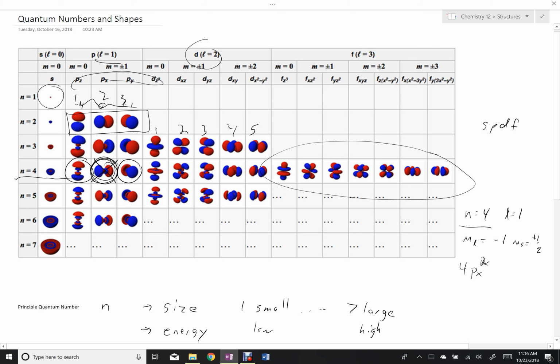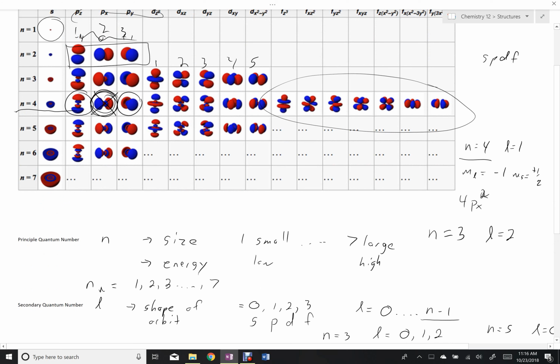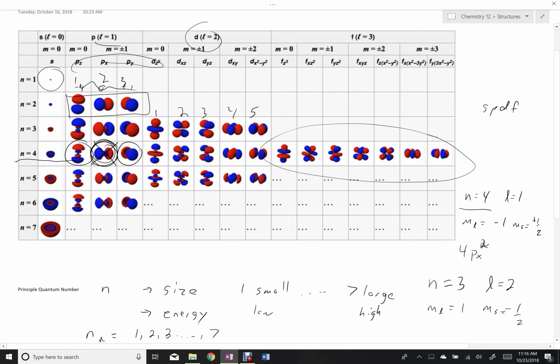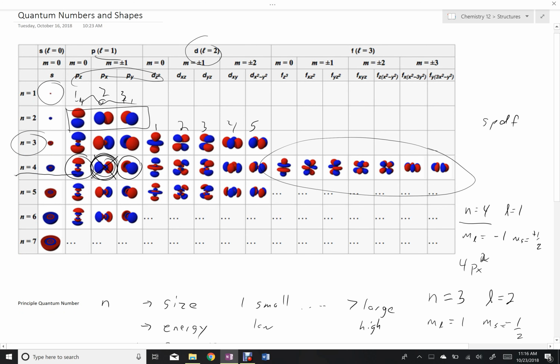One more time, let's say we're dealing with an n equals 3 electron. Its l value is 2, which just needs to be anything that's 1 lower than the n value. Let's make its ml +1 and its ms -1/2. So again, n equals 3, l equals 2 tells me I'm dealing with one of these d orbitals.